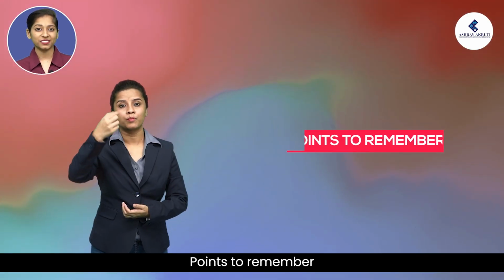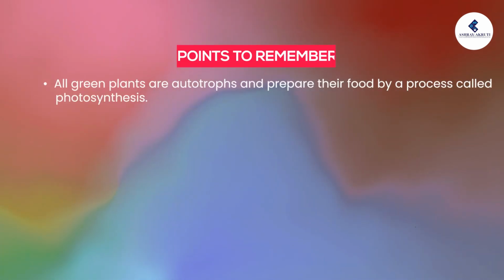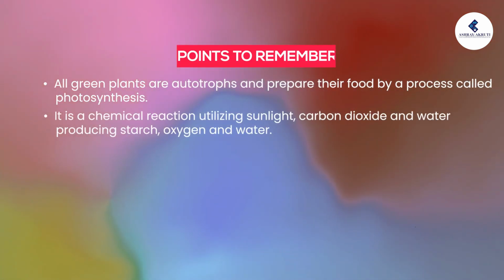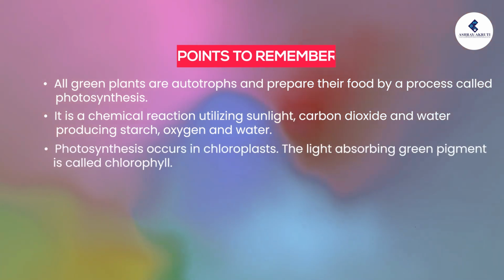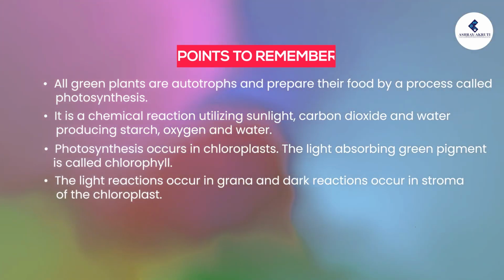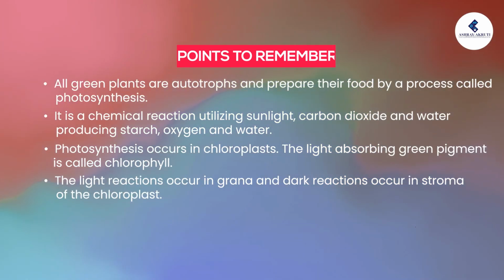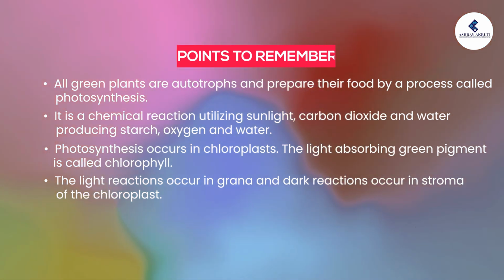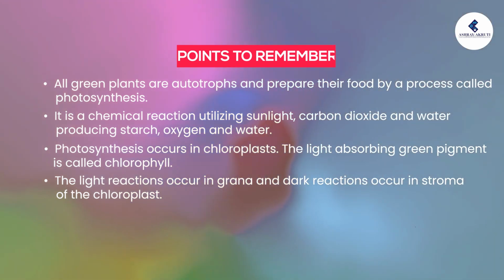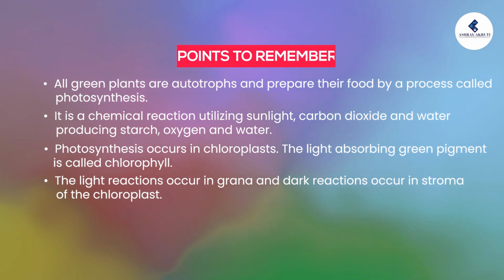Points to remember. All green plants are autotrophs and prepare their food by a process called photosynthesis. It is a chemical reaction utilizing sunlight, carbon dioxide and water, producing starch, oxygen and water.